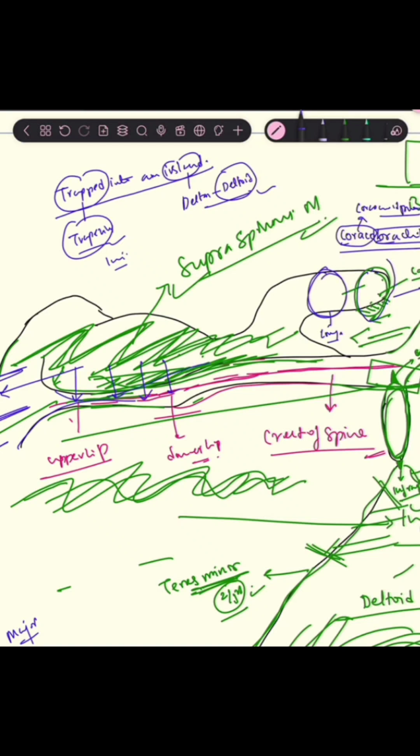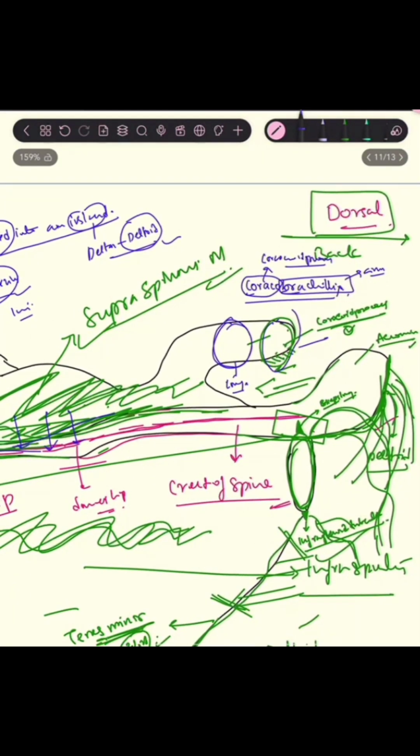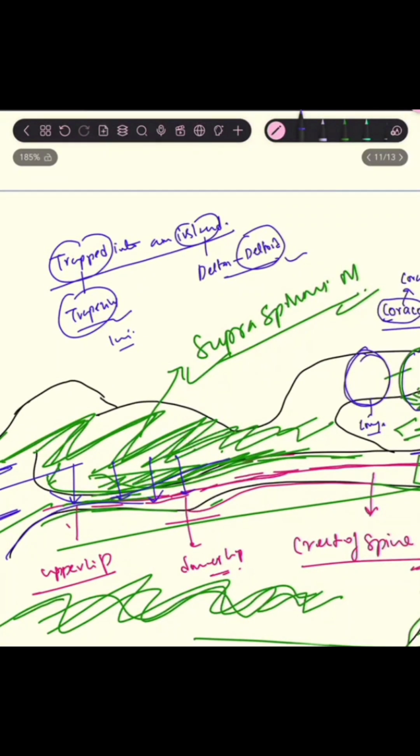Okay. Apart from it, we have the lateral border of the acromion taken by the deltoid. So the medial border of the acromion will be taken by the trapezius. So the deltoid and the trapezius are simultaneously going friends. So we can remember, trapped into an island.